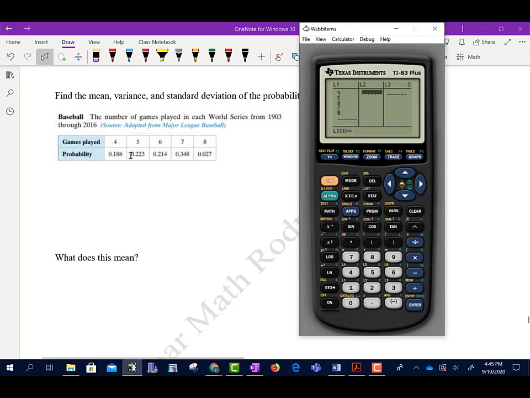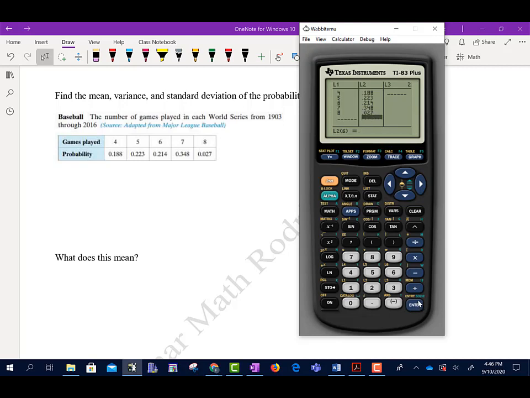And then for my list 2, I'm going to type in 0.188 for my first one, 0.223, 0.214, 0.348, 0.027.